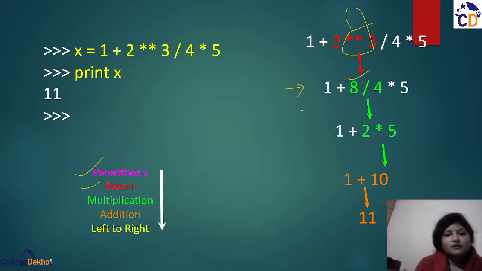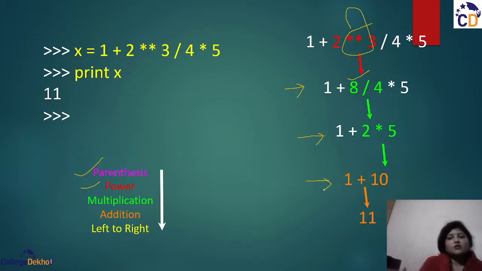Then once you are done with power, you can apply multiplication and division. So let us start with that. You have divided 8 by 4 into 5. So this is the third step of how you have evaluated. After this, what is the next step? Multiplication and division are done. Then move to the next part, that is addition and subtraction.